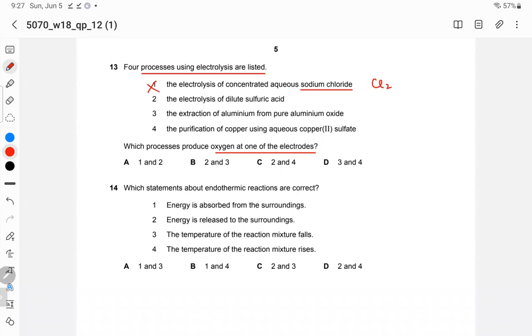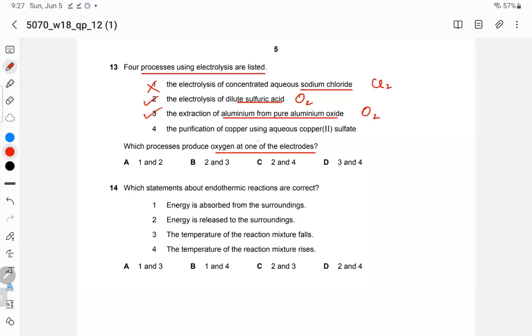Okay. So is the answer C? The electrolysis of dilute sulfuric acid, yes, it produces oxygen because sulfate ions do not discharge. The extraction of aluminum from pure aluminum oxide, yes, in this case oxygen is also formed.